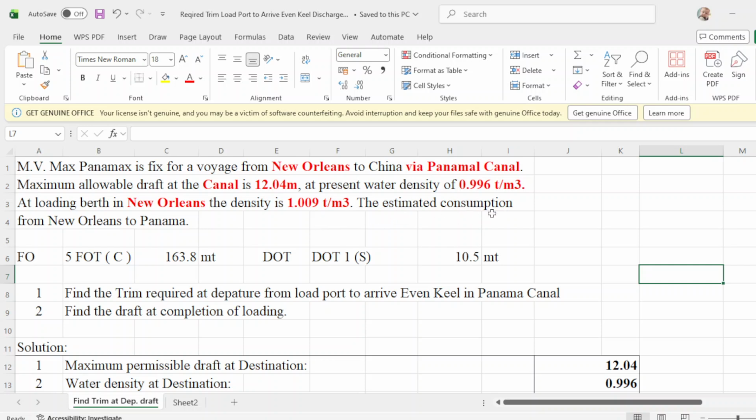The estimated consumptions are these: number 5 FOT is 160.8 and DOT 1 starboard is 10.9. Number 1, find the trim required at departure in New Orleans to arrive even keel in Panama, and find the draft at completion of loading. So this is the solution.